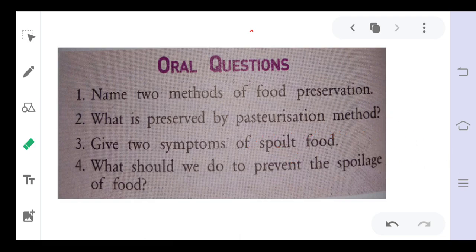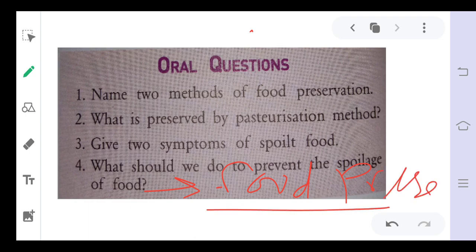You can write any two of those. And what should we do to prevent the spoilage of food? We should opt for food preservation to prevent the spoilage of food.